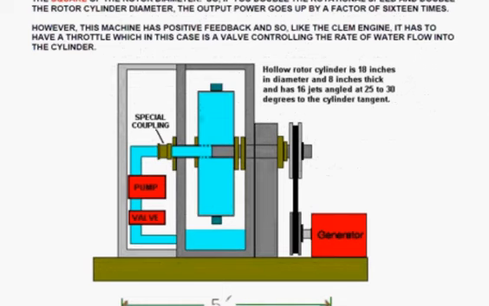You have in the center a cylinder. On the outside edge of the cylinder, there are little jets, effectively jet engine jets, which push the rotor round. The rotor is fed by water from a sump.